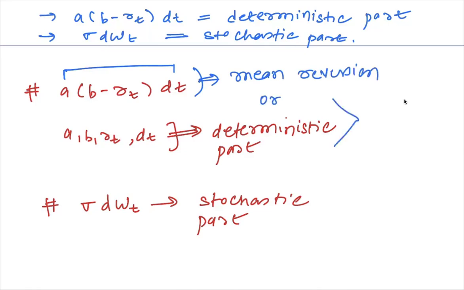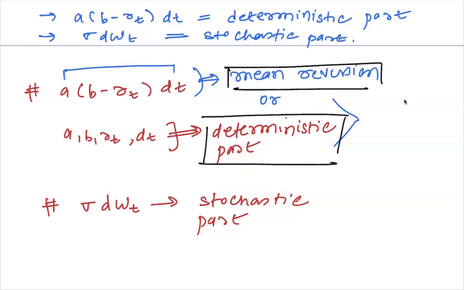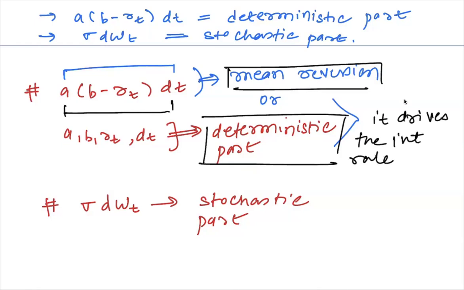Why do we say that? Because this component, A times (B minus RT) dt, drives the interest rates towards the long-term mean.